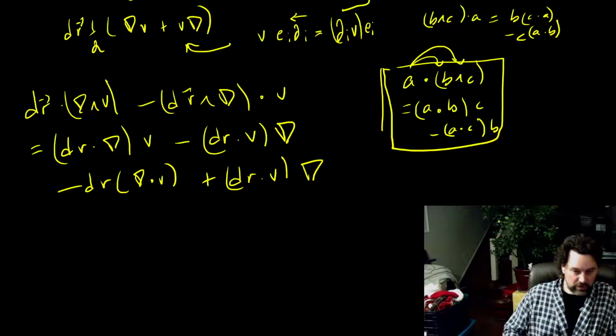And it doesn't matter which order we use because this is a scalar, so we can just put our grad here on the opposite side where we're used to it, knowing that this grad is operating on v and it's not operating on dr. We have a divergence term, and so dr dot grad, dr dot v grad, so we'll put our grad over here.